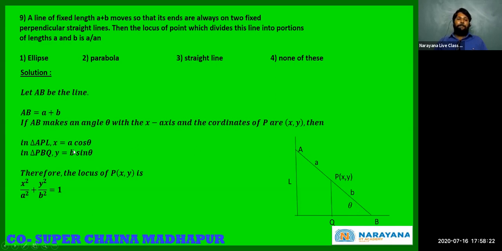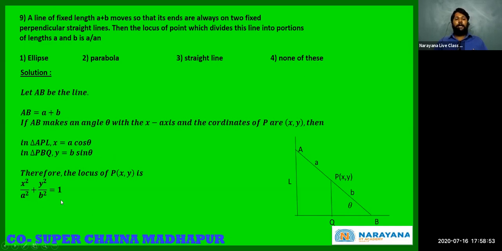Then we said if x comma y are the coordinates of the point P, then in this triangle APL, where L is the perpendicular from P to y axis, then I could say that x is going to be a cos theta. And similarly, in triangle BPQ, y which is PQ should be b sin theta. Correct? So x is equal to a cos theta, y equal to b sin theta.